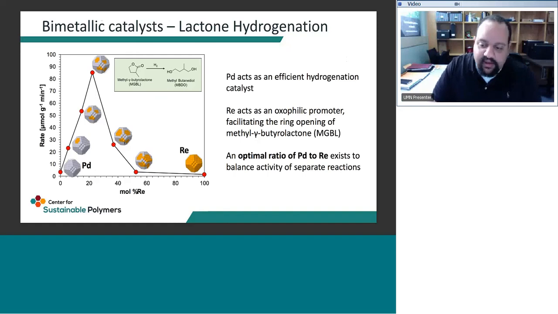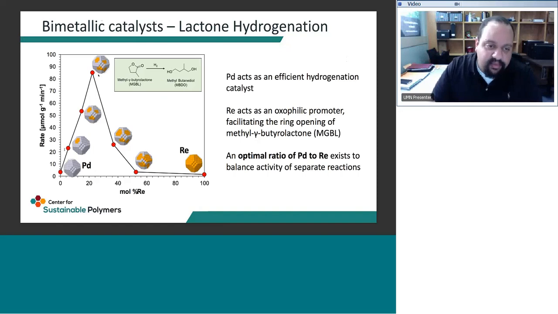What you see here is that as you keep adding in more rhenium, going from left to right, you can see the rate of reaction increasing. What's possibly happening is that rhenium is oxophilic and has much better catalytic capability at splitting open that carbon-oxygen bond and opening up the ring, letting the palladium do its hydrogenation job.